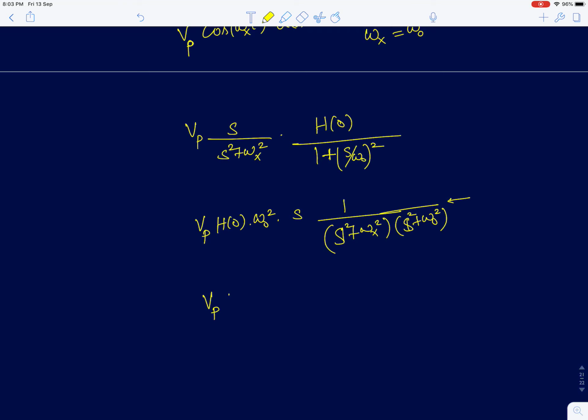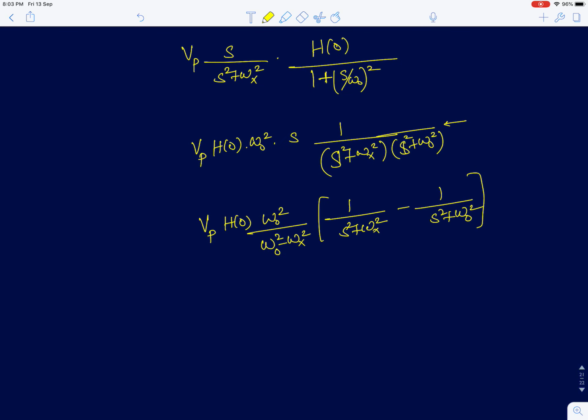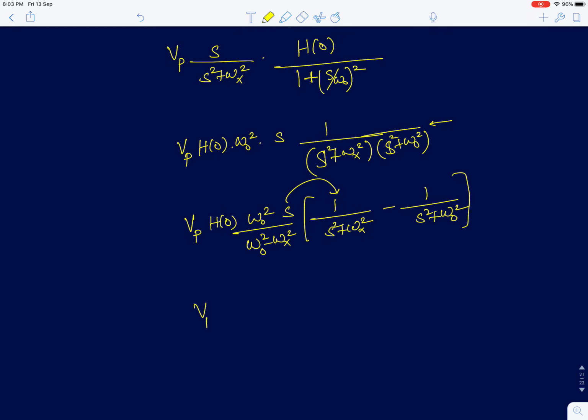Then I'll take the s term inside, and if I take the inverse Laplace transform of this expression, I'd get Vp h of 0, and you'd get two cosine signals.